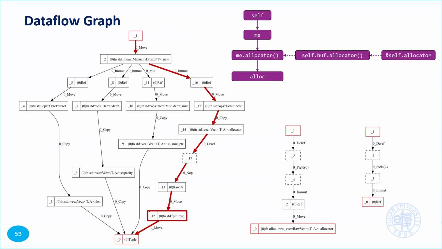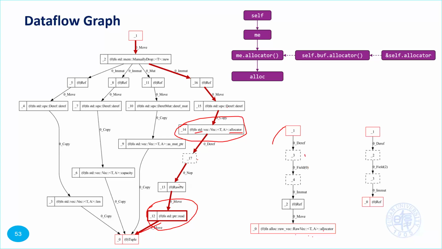Here we can find the ptr::read, which is the unsafe function, and we can trace all the data flow related to read. If we trace it here, it's a function call of allocator. It's a function call, so we can further obtain the data flow graph of this function this way.